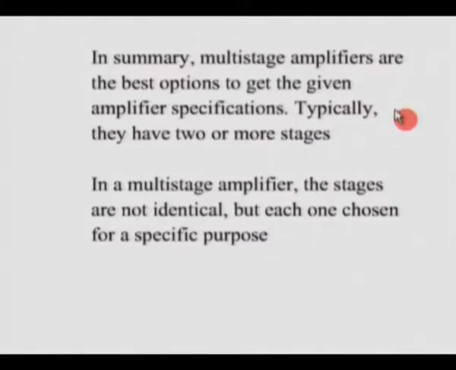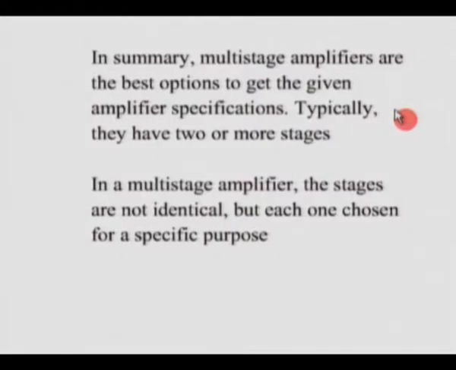So we see that an op amp is also a multi-stage amplifier, and you get this kind of ideal situation precisely by combining 3 very different stages. So in summary we can think of multi-stage amplifiers as very good options to get the desired amplifier specifications.